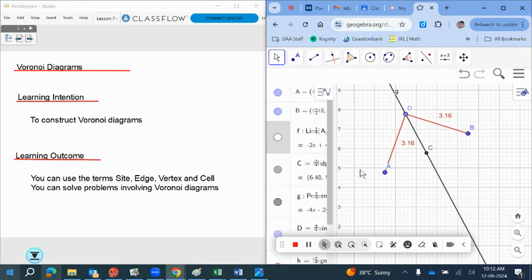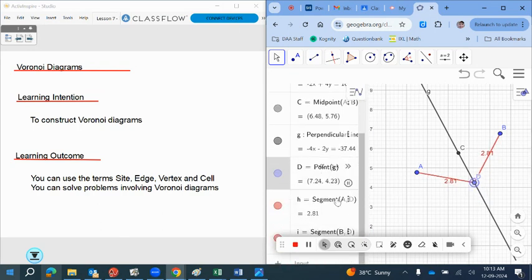So we've got the points A and B. These are our 2 sites. We can construct the perpendicular bisector, which passes through the midpoint and has the negative reciprocal gradient of the line AB. Any point on this is going to have the same distance to A that it has to B. And we can see that here.